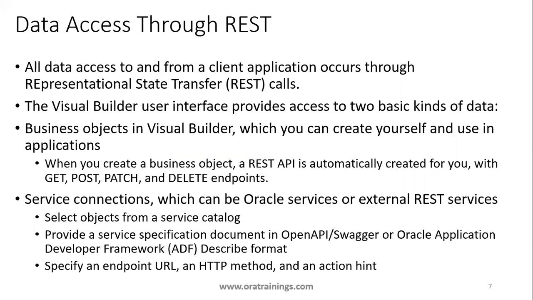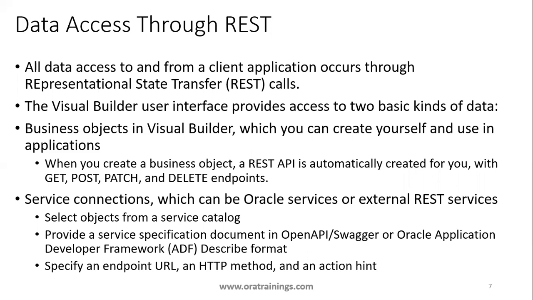When you talk about REST API, we know that it will have CRUD operations, right? Similar to a database concept, you can create a record, you can update a record, you can delete a record, or you can fetch a record. In the REST API terminology, we have similar things. Get is for extracting the data. Post is for creating a new record. Patch is for updating a record, and delete is for deleting the record.